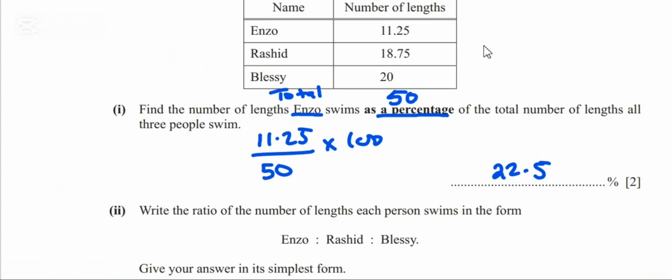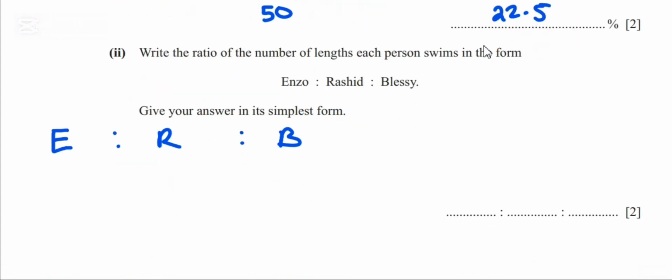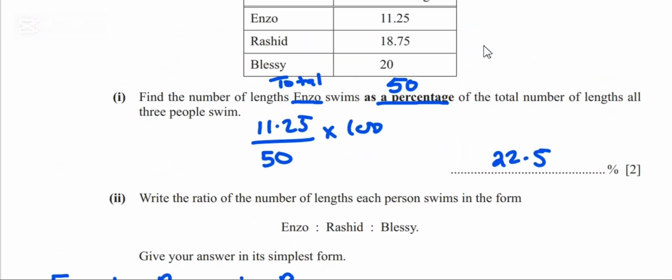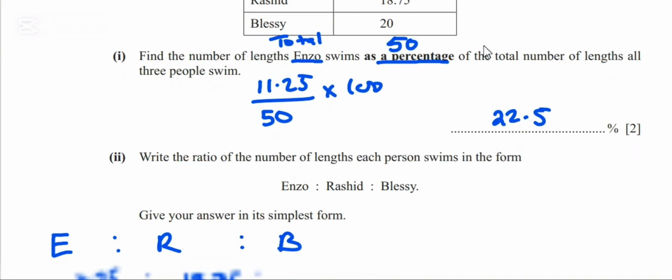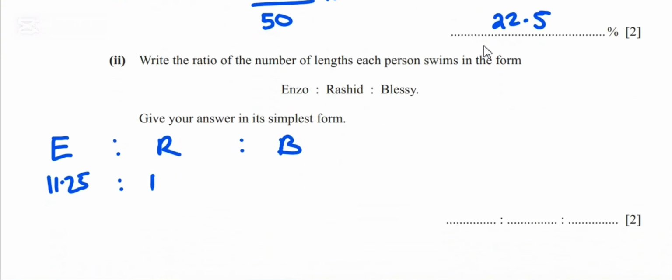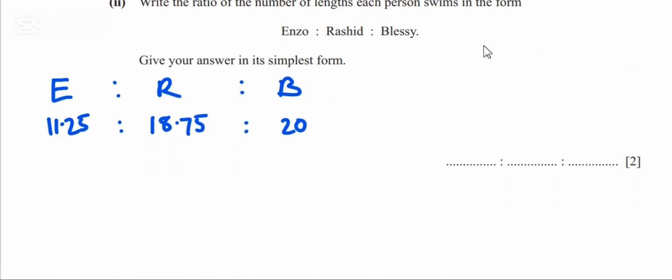Enzo swims 11.25 lengths, then Rashid swims 18.75 and Blessy swims 20 lengths. Now remember they said we need to give the answer in its simplest form, meaning we need to simplify these numbers.